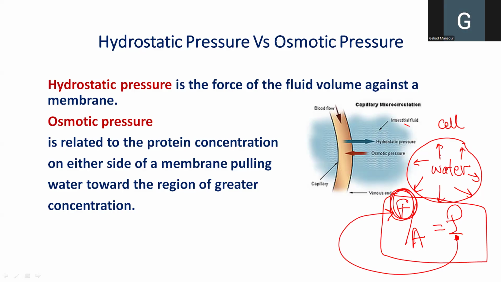Whereas the osmotic pressure is more related not to the pressure of the liquid on the walls of the container or on the membranes of a cell, but to the ability to absorb fluid, to take in water by pulling inwards water, as we have said.